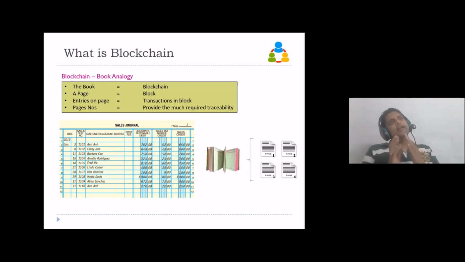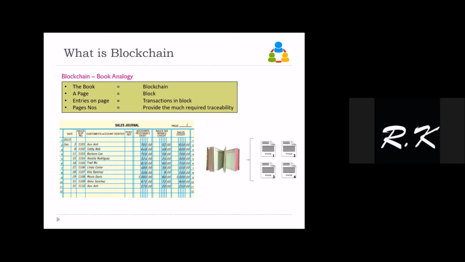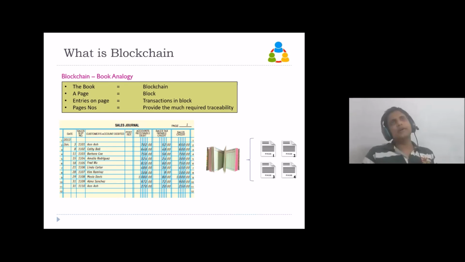Let's assume that the Ethereum network has say 2 lakh blocks, and you have newly installed Ethereum software onto your computer, and you want to connect to the Ethereum blockchain network.